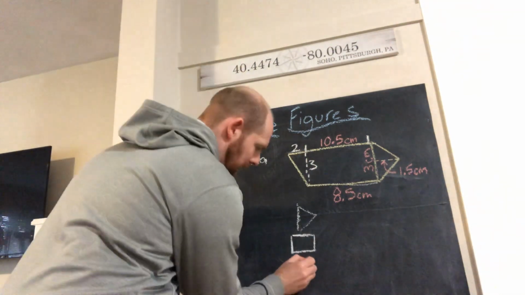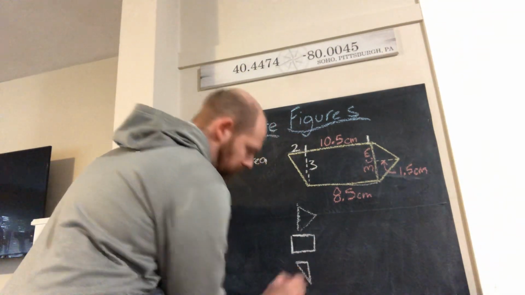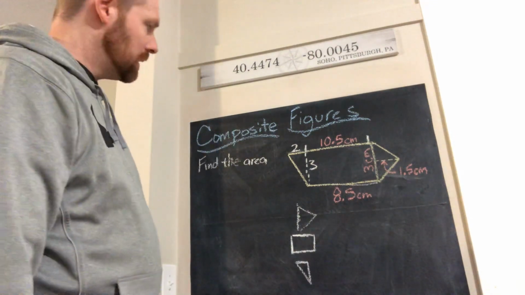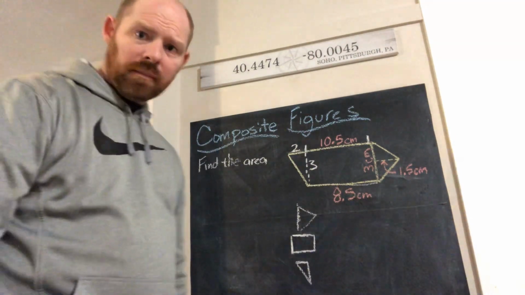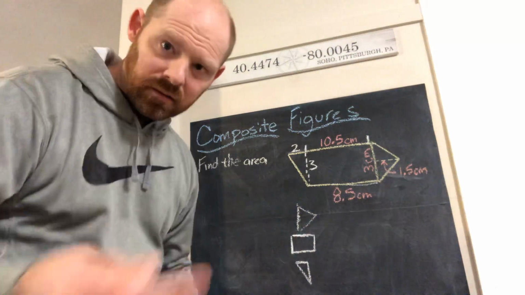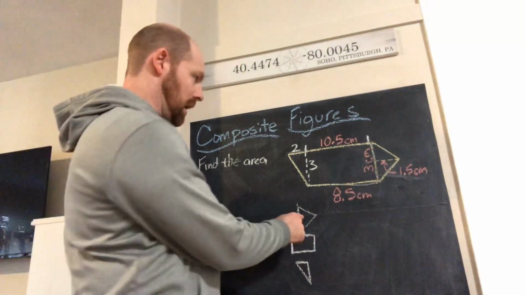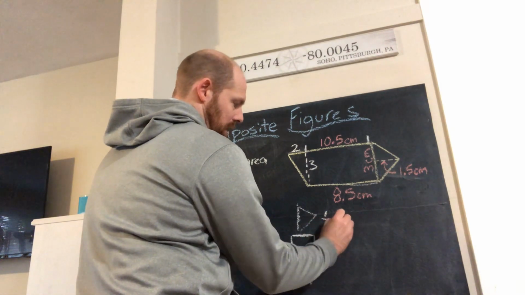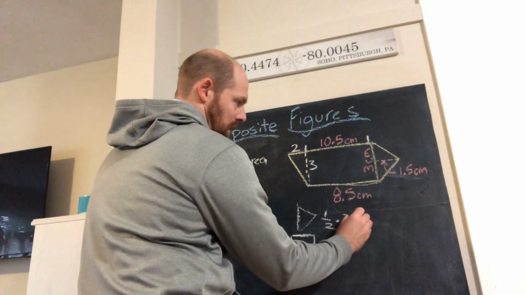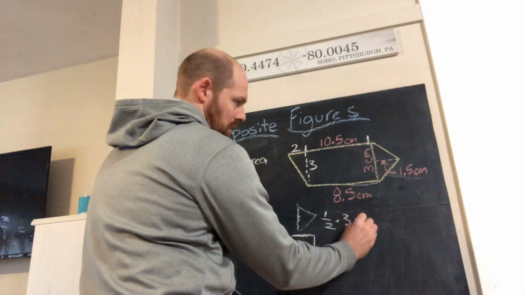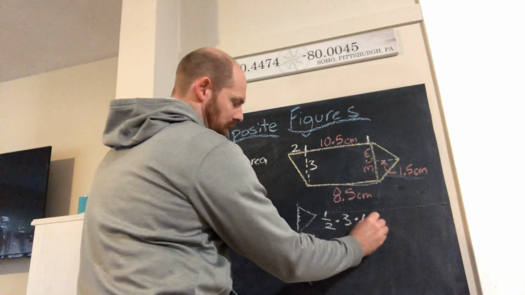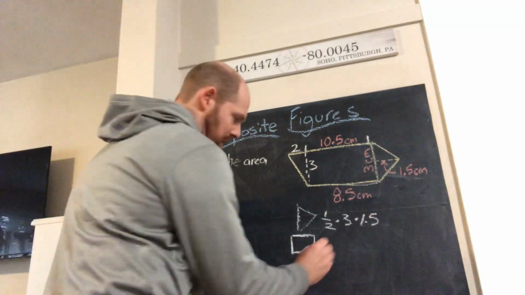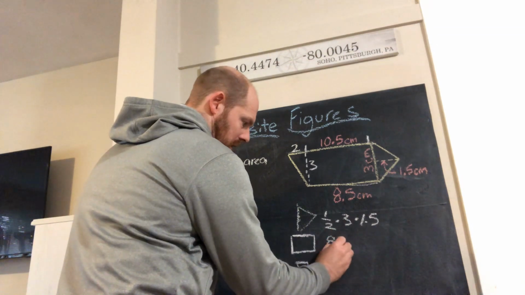So I know that I have 3 shapes in this figure, and if I find the area of all of them and then add it all up, there's the whole area. So the first triangle is 1/2 times the base times the height, 1/2 times 3 times the height, which is 1.5. The rectangle is 8.5 times 3.